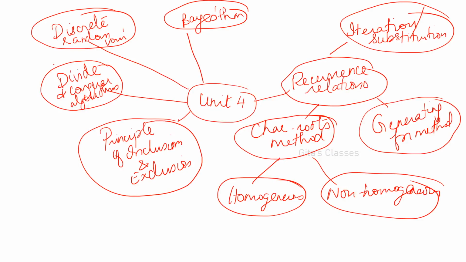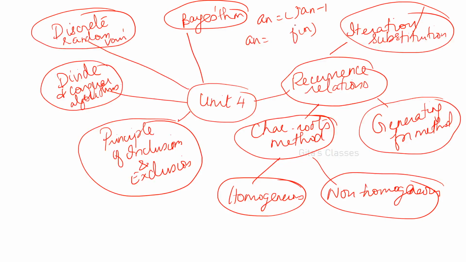In recurrence relations, we have iteration method. Suppose you have an, what is the recurrence relation? If an is expressed in terms of an minus 1, or one or two previous terms, then it is a recurrence relation. What do you mean by the solution of a recurrence relation? You have to find an as a function of n only on the right hand side.